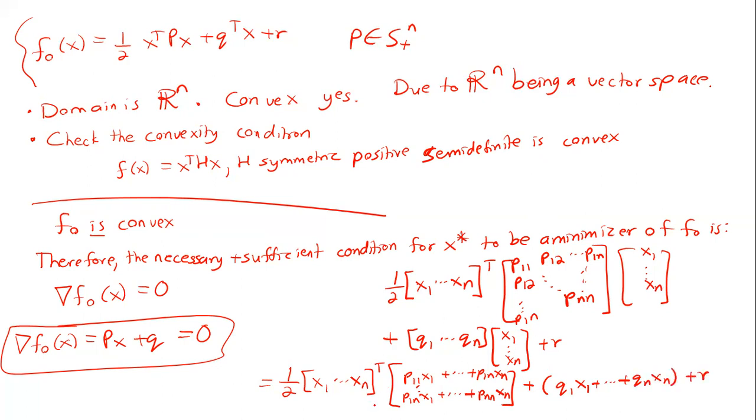And so then if we finish this out, what we would end up with is 1/2 times p11 x1 squared plus, and there'll be lots of terms, p1n x1 xn plus ... plus another p1n x1 xn due to the symmetry in this matrix, which is what causes the p1n to appear twice.